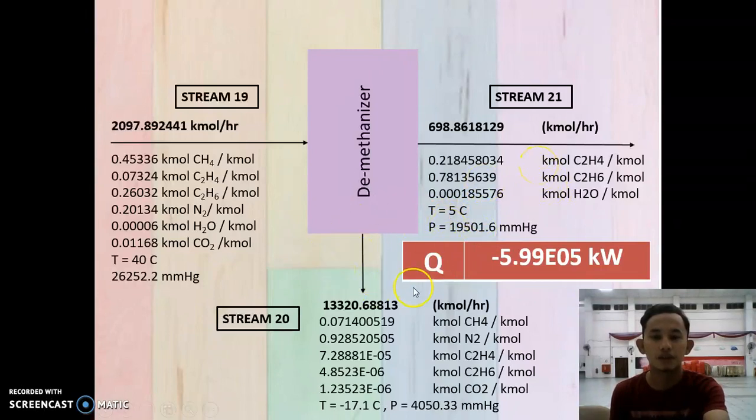For the liquid stream, you can see that the temperature is negative 17.1 degrees Celsius and the pressure is 4,050. And the Q for the demethanizer is negative 5.99 times 10 to the power of 5 kilowatt.